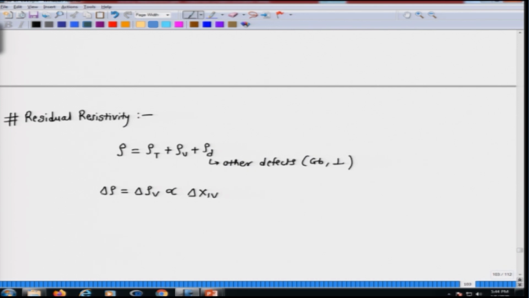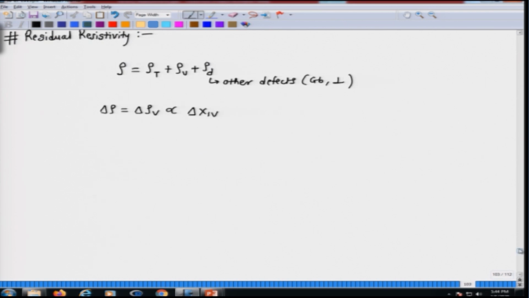Okay. So, how do we go about this? We first take a piece of metal and equilibrate it at a lower temperature and measure its resistivity. So, the first step is to measure rho 0 at T0.